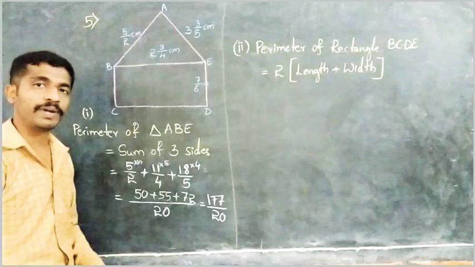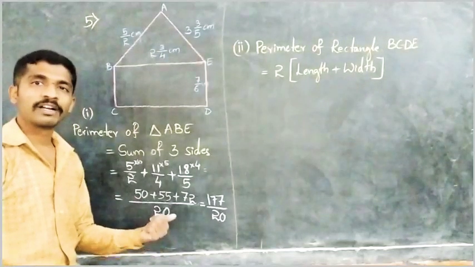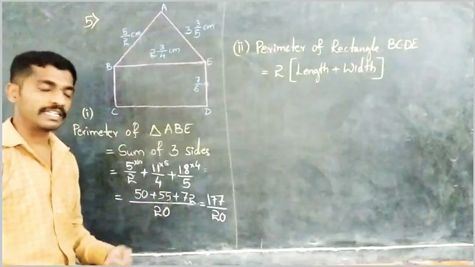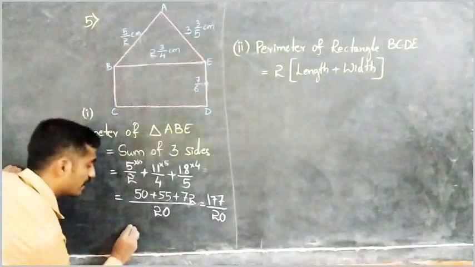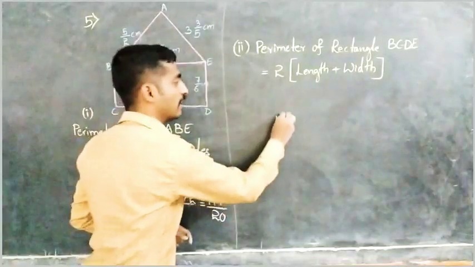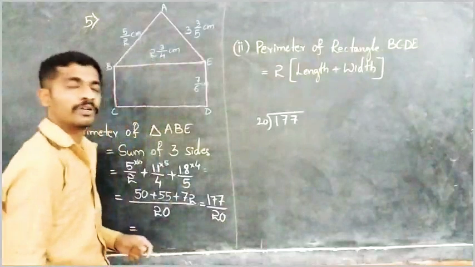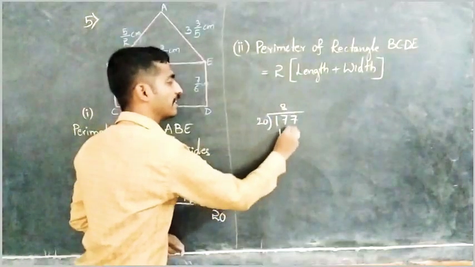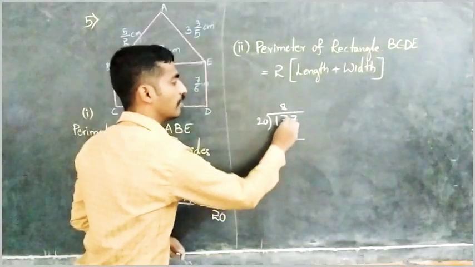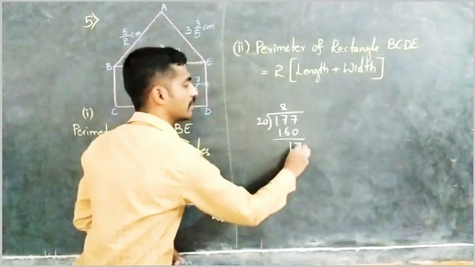So 177, how to divide? Simple thing. 20 8s are 160. So the remainder is 17. Or else, if you are not understanding, divide it by 20. Okay, 20 8s are 160. 177 minus 160, here you will get 17.